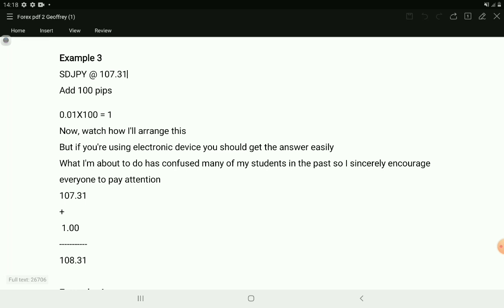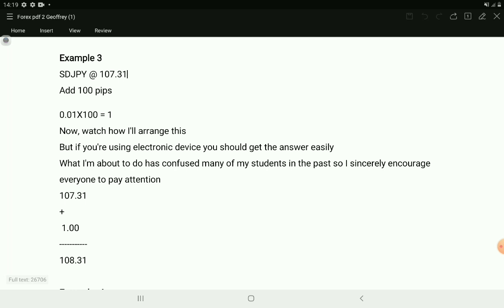Now, if you are to add 100 pips to this value, like you are entering the market at this value and you are expecting to close at 100 pips, you should be able to calculate and add 100 pips to this, and then input it as a command into your trading platform, so that once it reaches 100 pips in profit, the market will close for you.